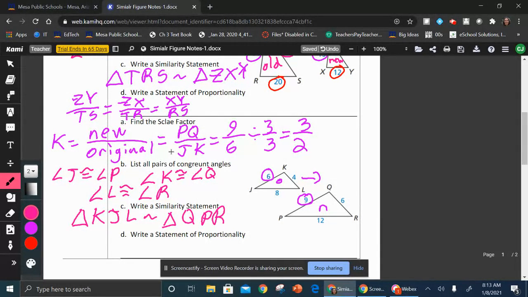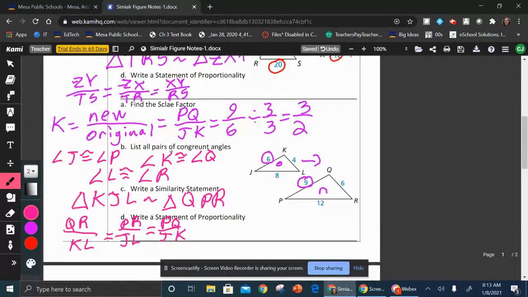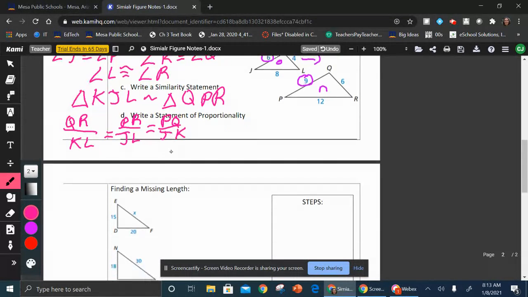Okay, and then we have QR over JK, PR over JL, PQ over JK. Okay, so all those sides are proportional.